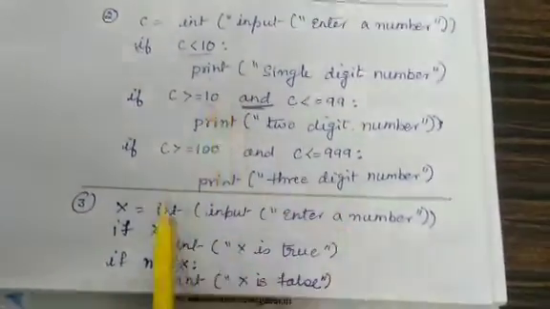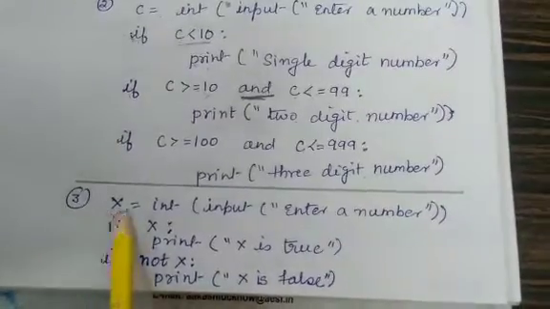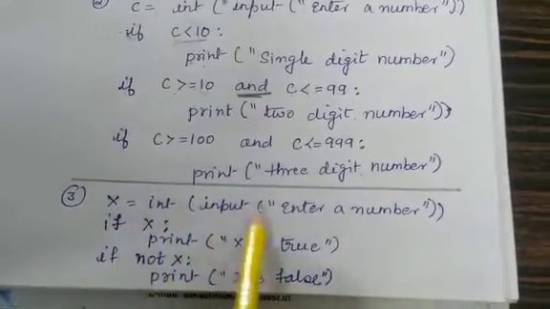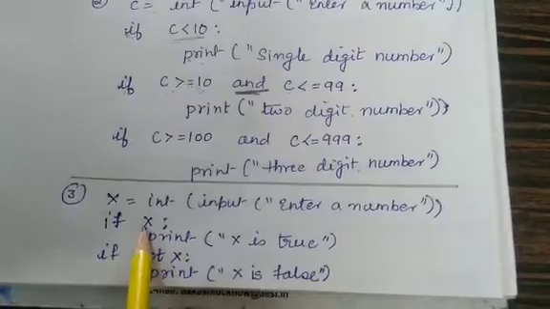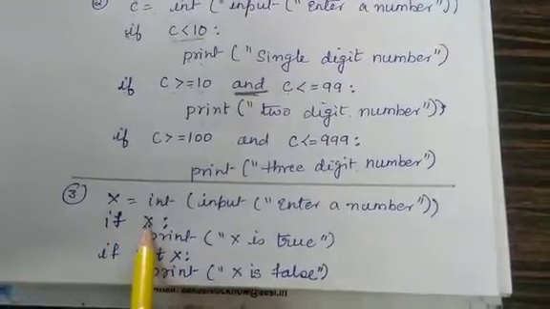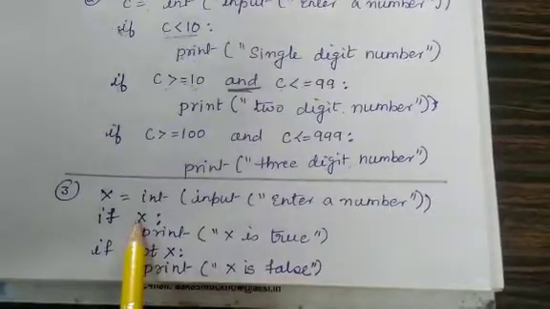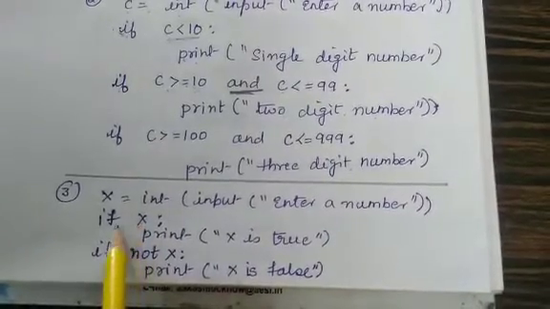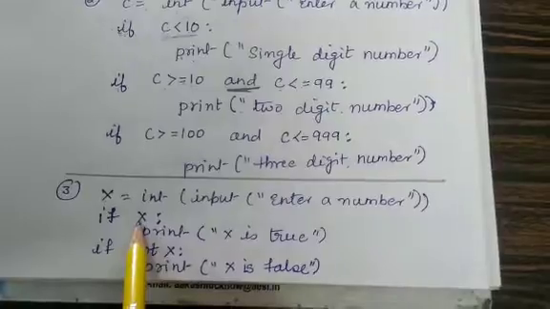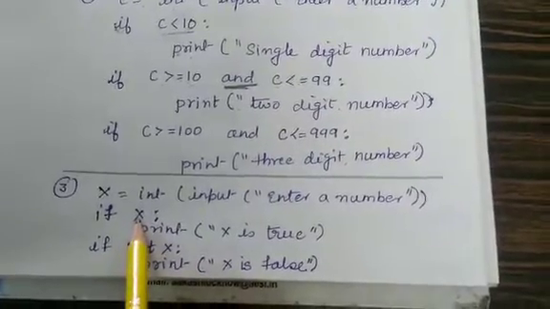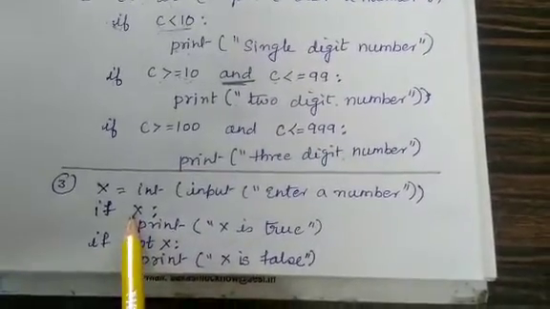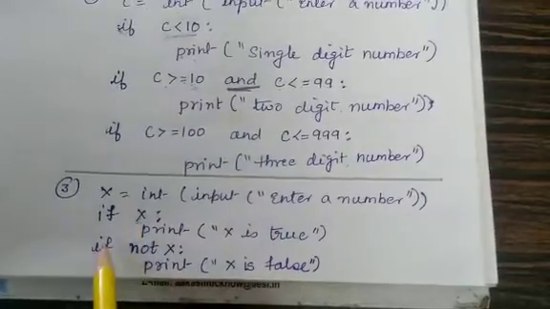One more example. If it is written x = int(input("Enter a number")), then if x, see, without using a relational operator, if you write this, it will be considered as a logical value. If x is true, that means the value of x is a non-zero number.